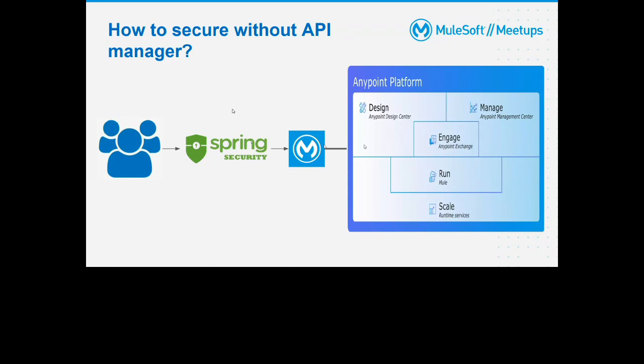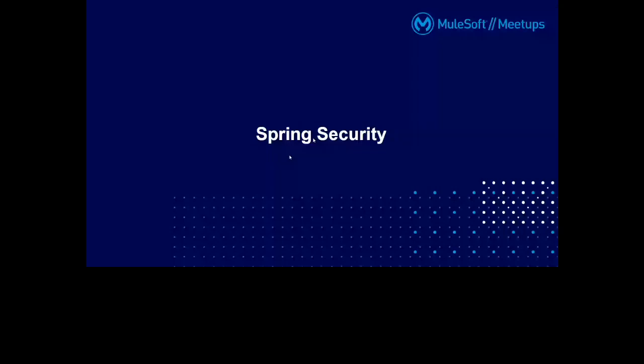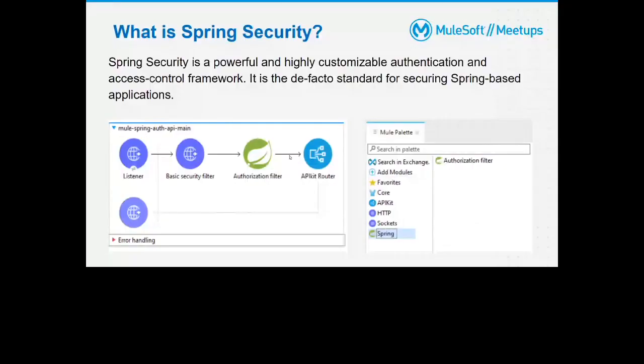Then what is Spring Security? Spring Security is part of the Spring framework, built on Java, and as we all know, Mule is also built on Java, so it's all Java coding done to make it work.